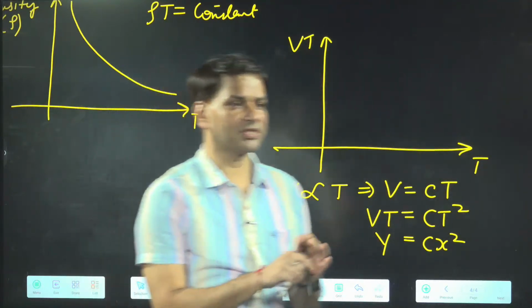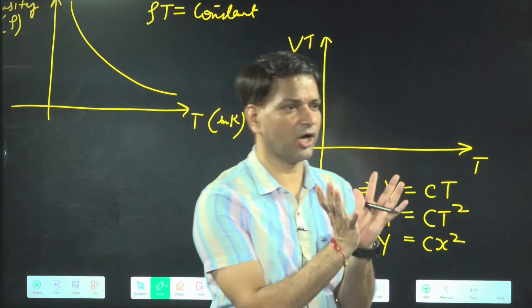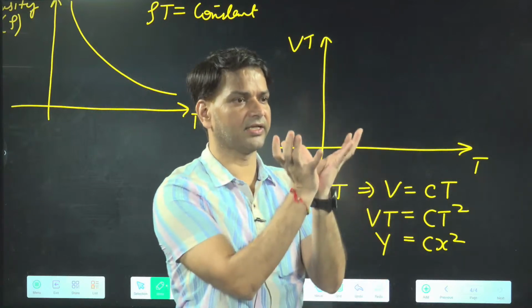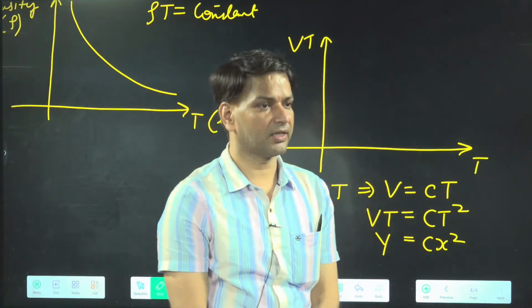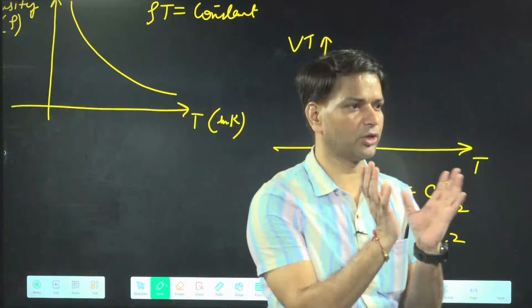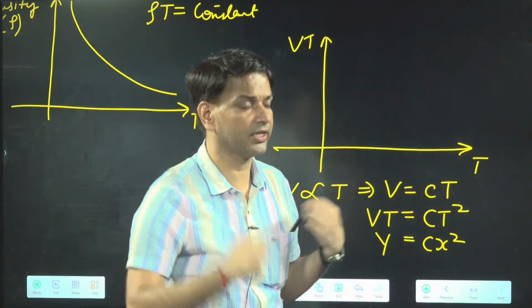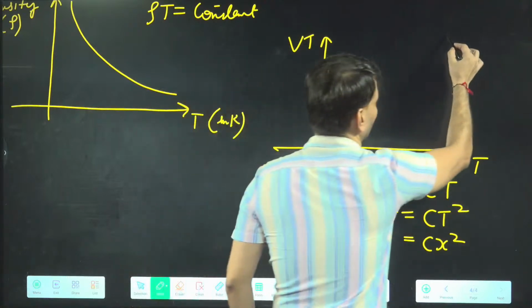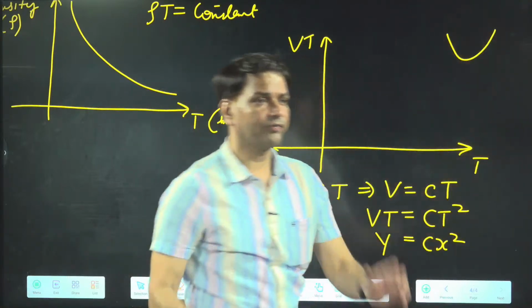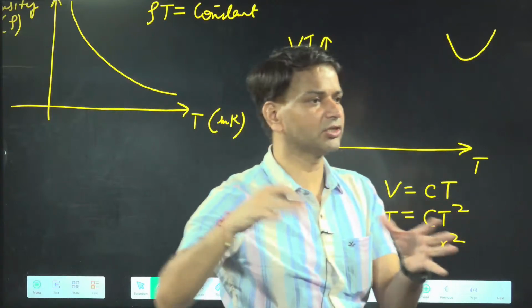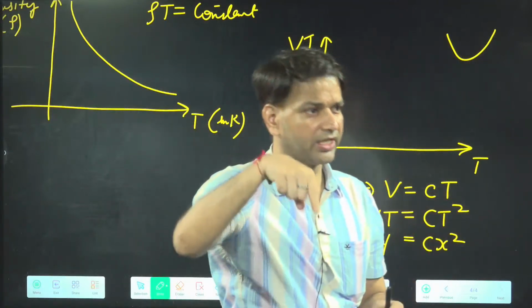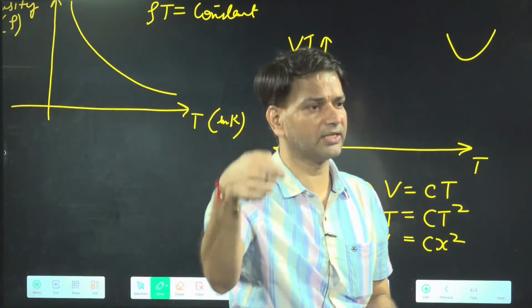The parabola shape is like this. According to the orientation, you can get four parabolas and the equation changes. If it opens upward, the equation is y is equal to Cx square. If inverted, the equation will be y is equal to minus Cx square.